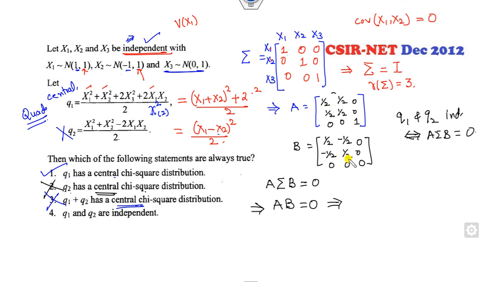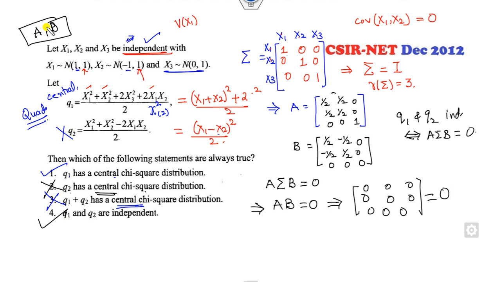If you multiply the first row with the first column, half times 1 by 4 minus 1 by 4, that is 0. Half times 0, 0, 0. Again 0. This into this, third, 0, 0, 0, 0. So clearly Q1 and Q2 are independent. The right answers are A and D.